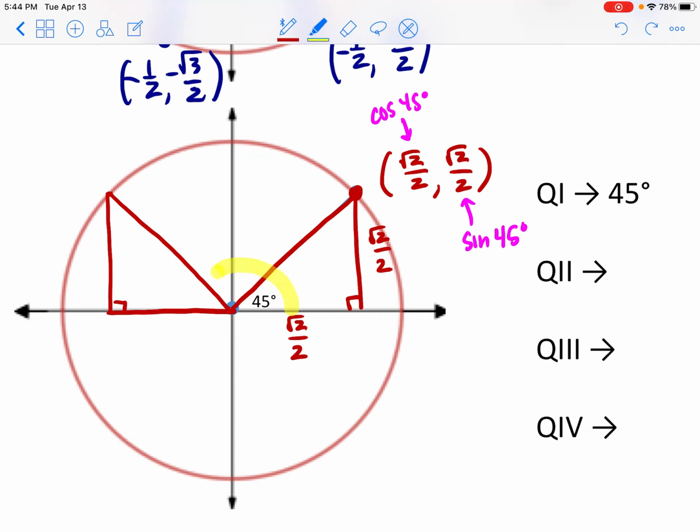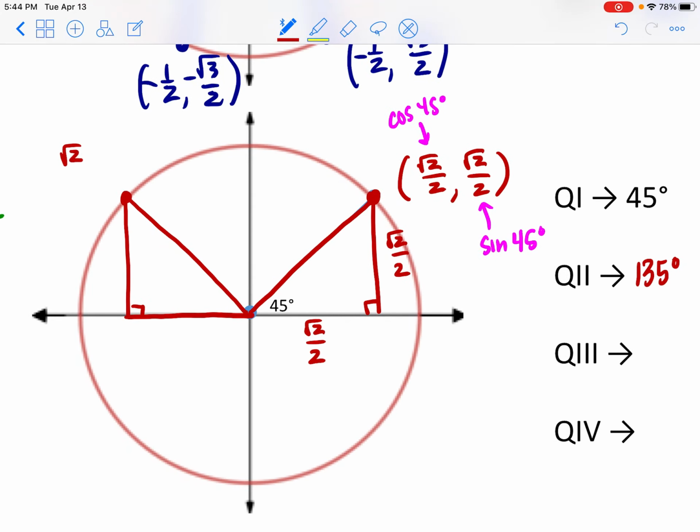So 180 minus that last little 45. So if I take 180 and I subtract out that 45, I'm looking at a 135-degree angle. So a 45-degree angle and a 135-degree angle have the same sine and cosine. Both going to be radical 2 over 2. It's just 135 is in quadrant 2, so its cosine is going to be negative.